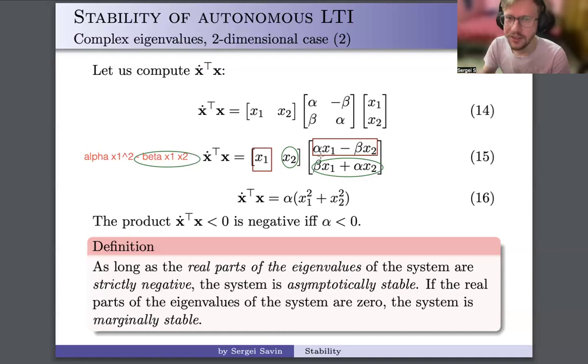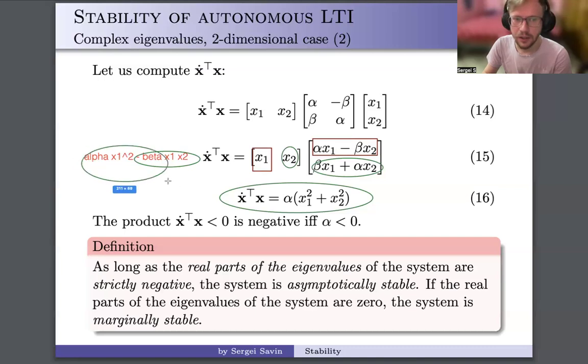So they will cancel when we add x2 x1 beta plus alpha x2 squared to this expression. What will be left is only this part: x dot times x equals alpha times x1 squared plus x2 squared, right? This component plus this component. That's what's going to happen.